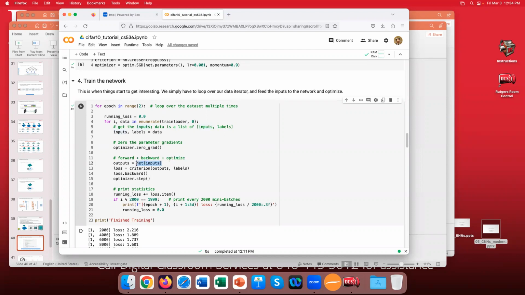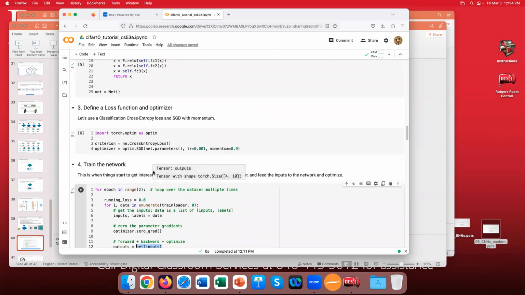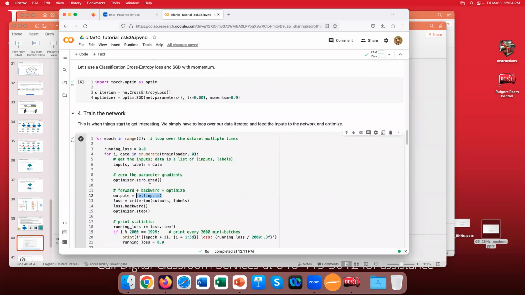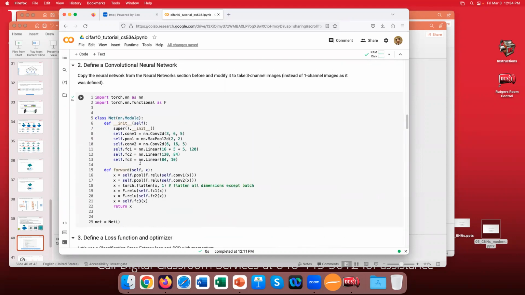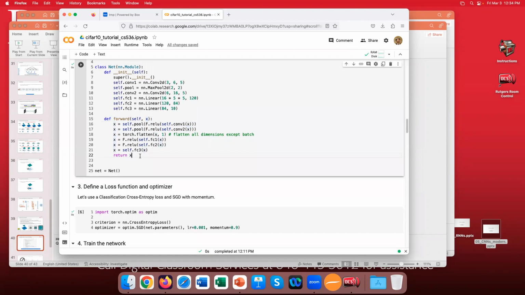So when this line is run in PyTorch, it's going to run this function. It uses x as input and goes through all of this to output the network's prediction.